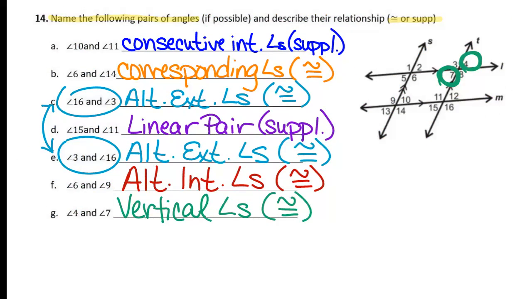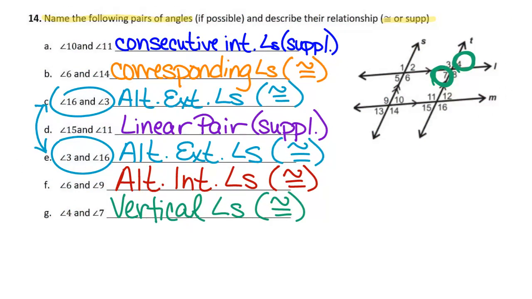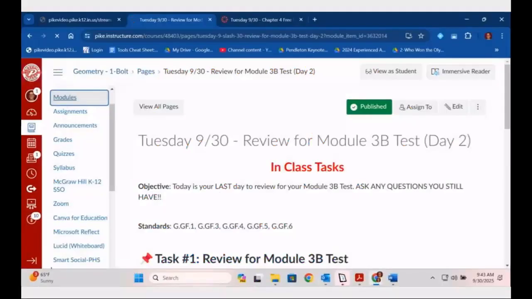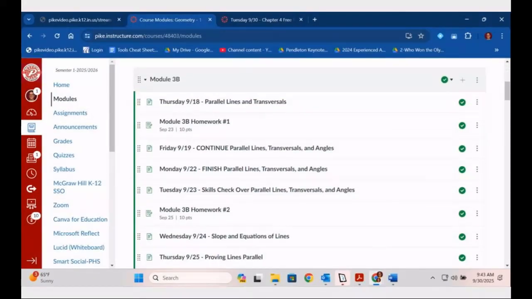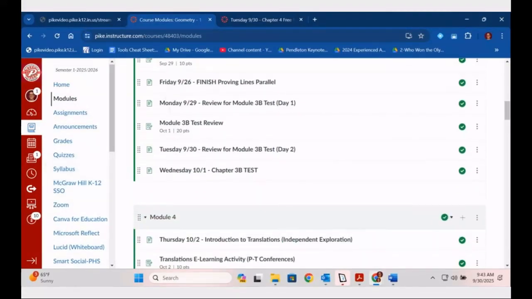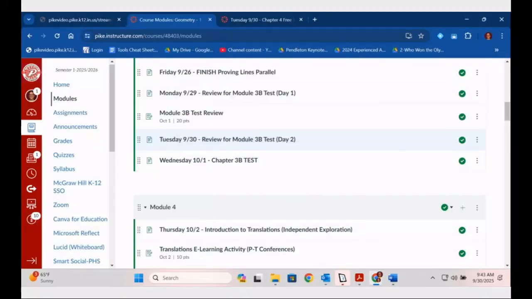Nicely done. The test review answer key is posted in Canvas already. If you go to modules in Canvas, make sure you go to module 3B, and then you'll scroll down to the bottom of module 3B until you see Tuesday, 9:30.